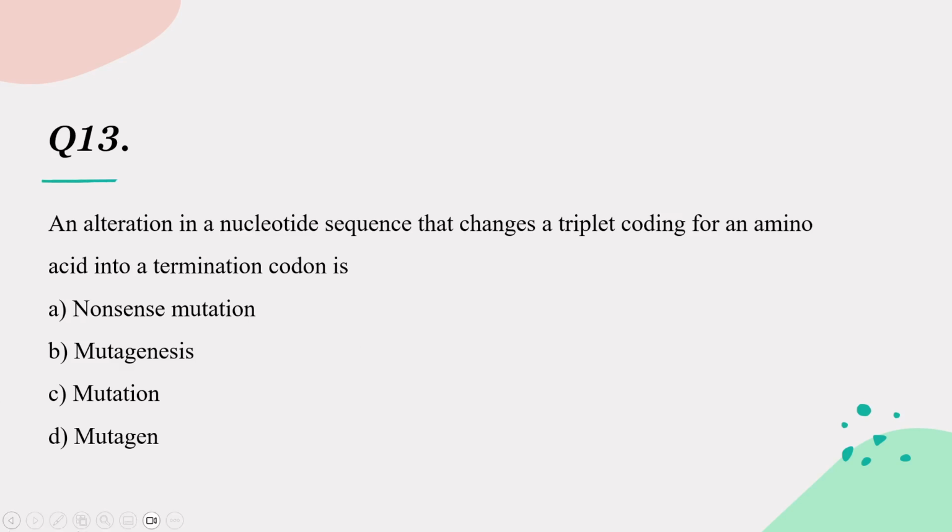I think everyone has answered. And the answer is nonsense mutation: an alteration in a nucleotide sequence that changes a triplet coding for an amino acid into a termination codon. That will be nonsense mutation.